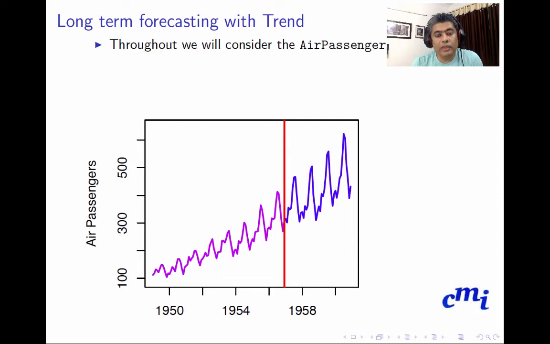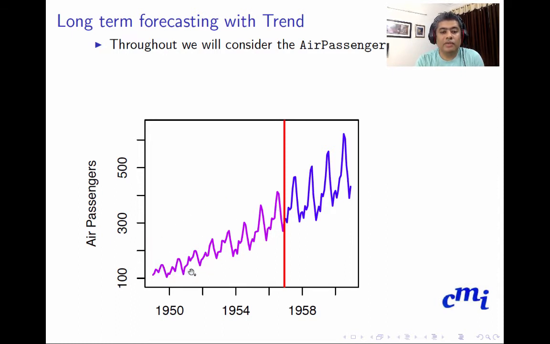What we will do with this dataset is split it, taking 1949 to 1956 as our train dataset. We marked it with purple color.